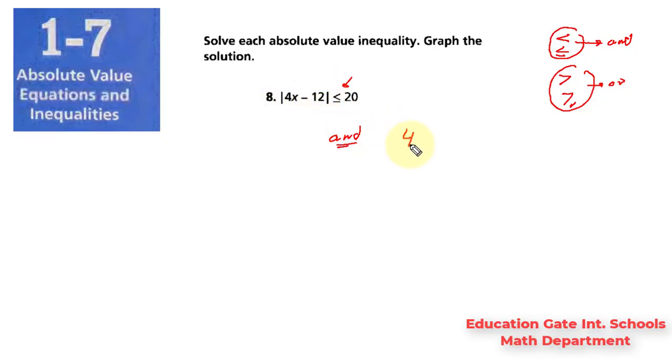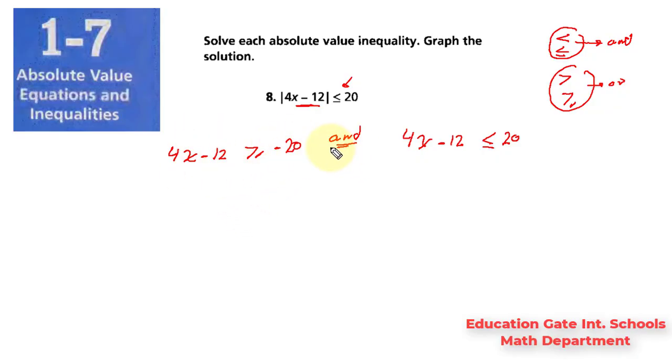Just write 4x minus 12 is less than or equal 20. The other inequality is the same, but it will be greater than or equal negative 20. We can write 4x minus 12 is greater than or equal negative 20.